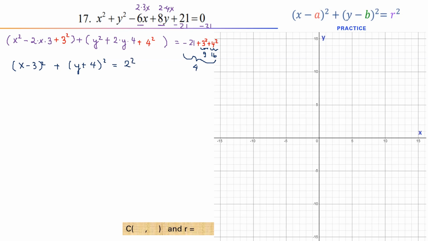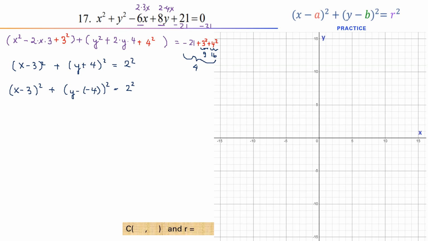Now we rewrite one more time. (x minus 3) squared plus (y minus negative 4) squared equals 2 squared.